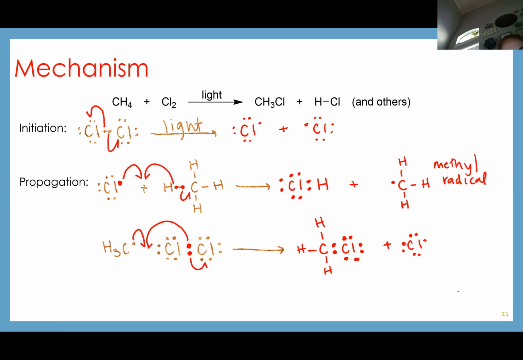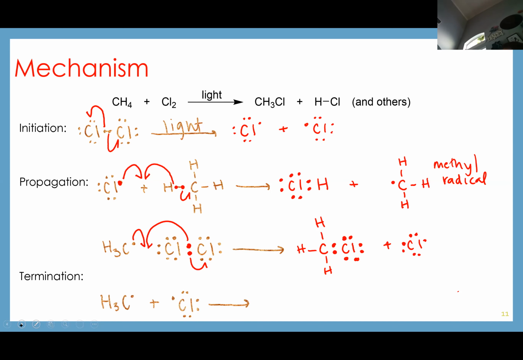Does this make sense so far? I think the thing that most students struggle with is drawing the arrows correctly to indicate the bond formation. You have to picture that you're taking this electron and putting it into the space between the carbon and the chlorine, and the other electron is also coming into that space, and they're going to form a bond that way. And then our last step is termination.